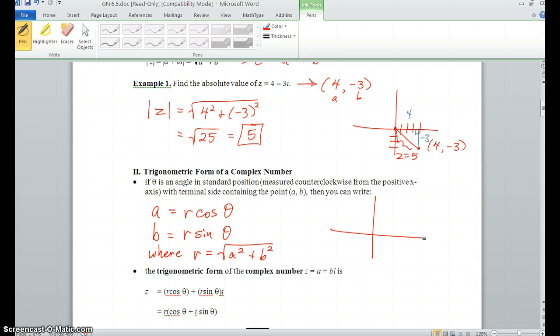Okay, so we make ourselves an XY axis, or again, relatable real imaginary axis. And clean that up a little bit. Okay, so if we're going to plot the ordered pair, let's say a comma b in the second quadrant.